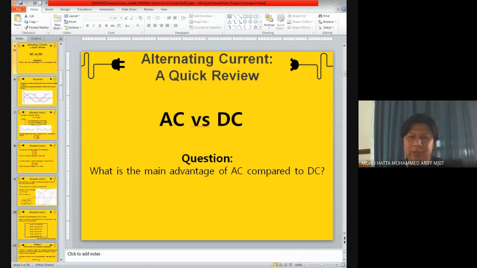If you'd like to transmit DC power, last time during the war between Edison and Tesla, they tried to transmit power. Edison tried to transmit voltage and current. Tesla also tried to do that, but what happened is that for DC, it can only transmit power up to a 2 kilometer radius.